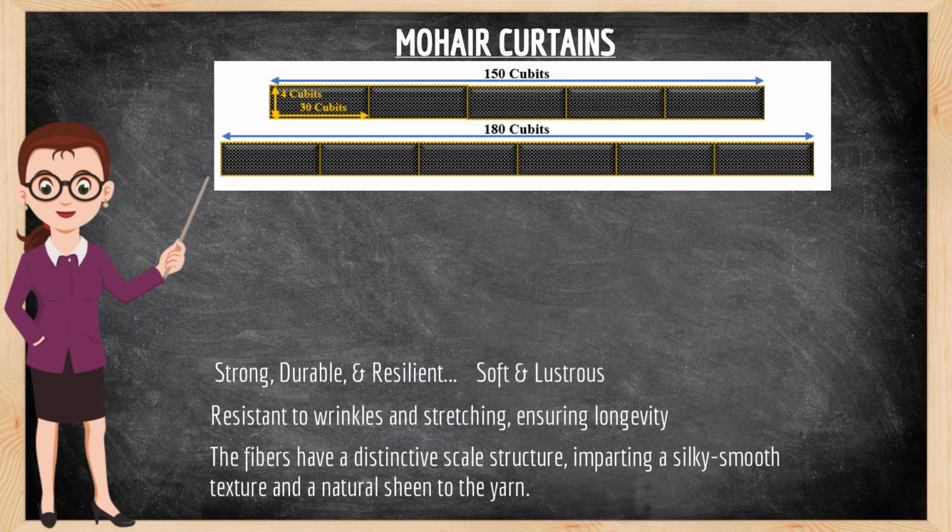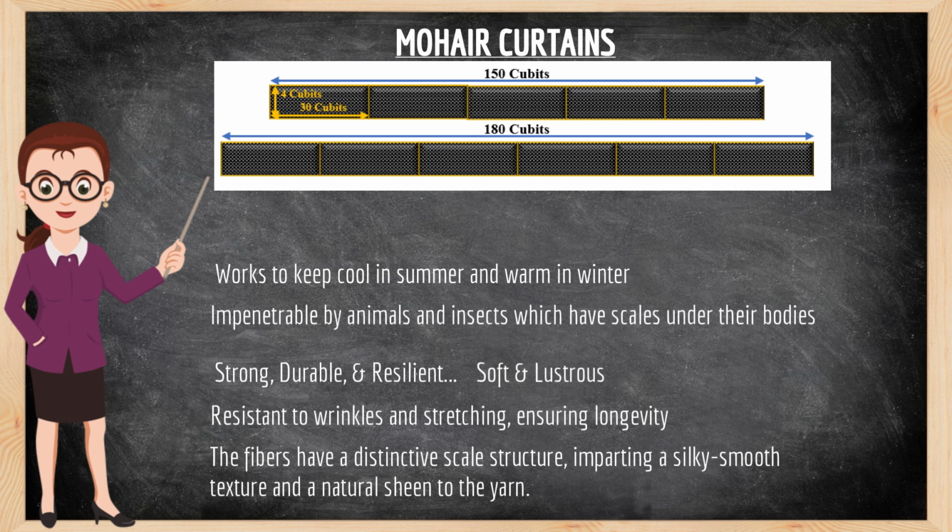Now, most Anatolian goat breeds have black hair, but also the black color works to cool down the temperature of the interior of the tent during the summers and heats the interior temperature during the winter. Mohair fabric is impenetrable by animals and insects which have scales under their bodies.